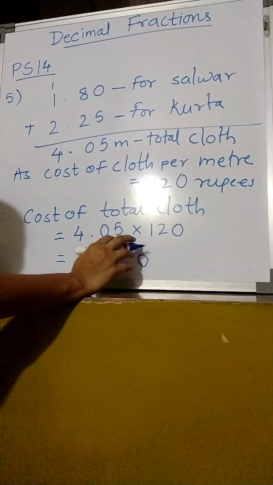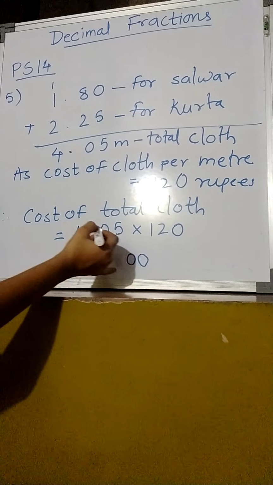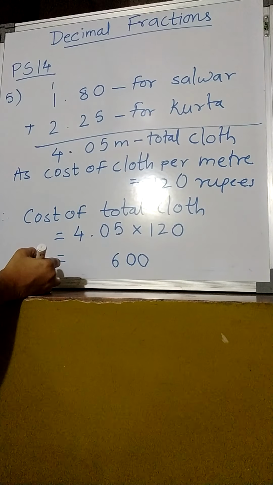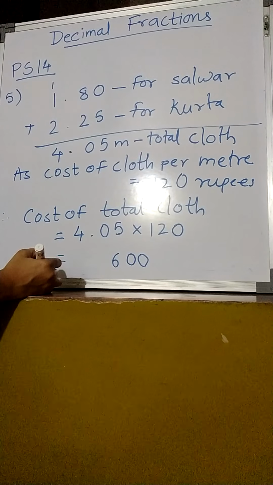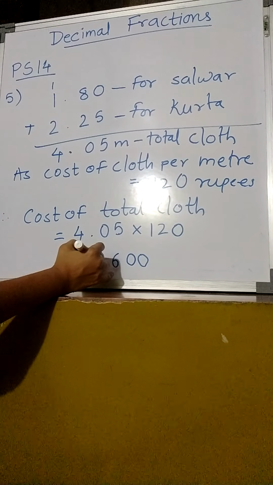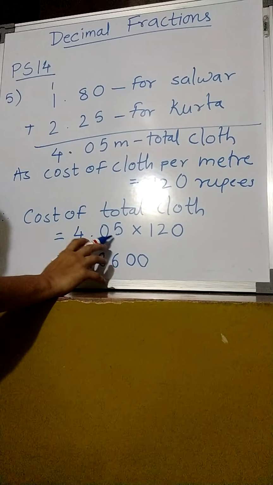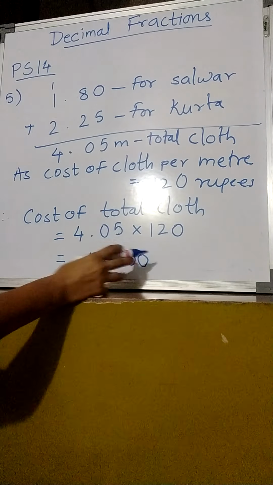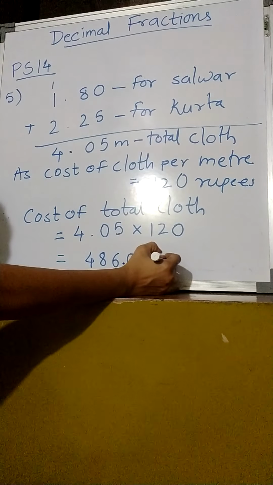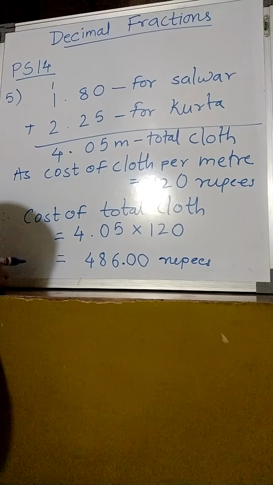So multiply with 12. 12 fives are 60, carry over 6. 12 zeros are 0 plus 6 is 6. 12 fours are 48. So write that 48 and see how many digits after the decimal point: 1, 2. So count from the right hand side, 1, 2. So here is your decimal point.